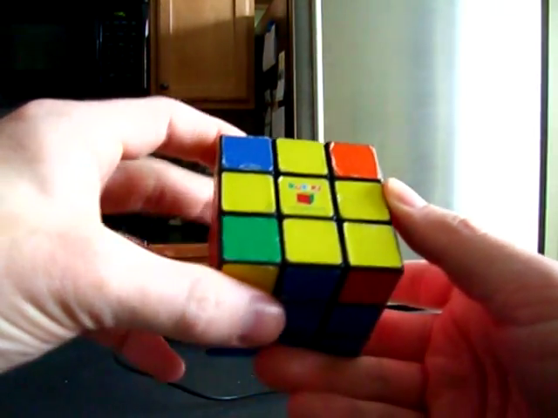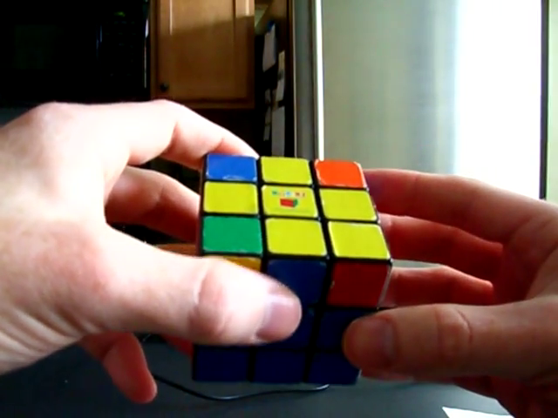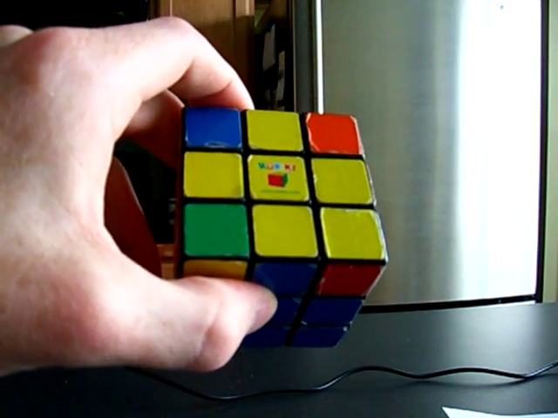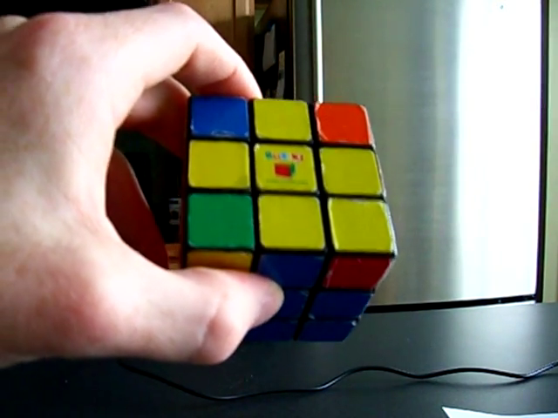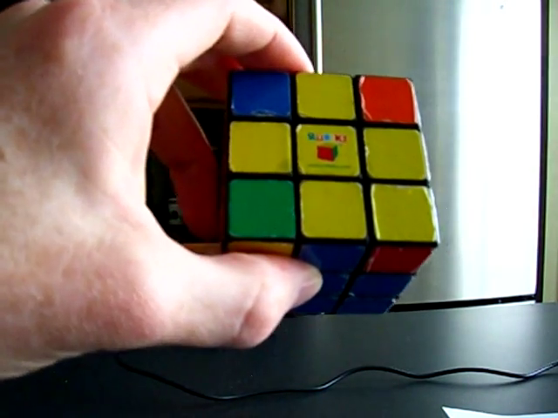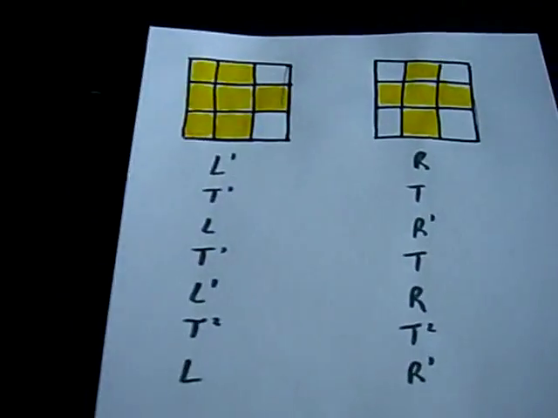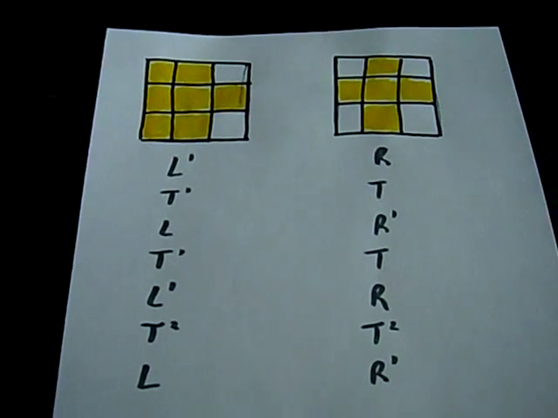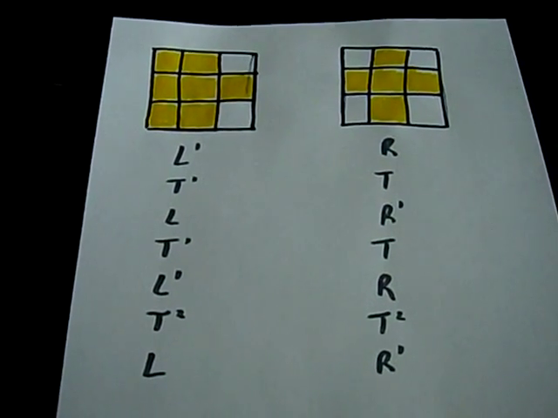But there are 2 other patterns that you could get, and since I only have one cube, I'm just going to show you those on paper and the algorithm that you'll need to get to this point. You could have these 2, which is just the yellow cross, or the yellow cross with the 2 others solved.